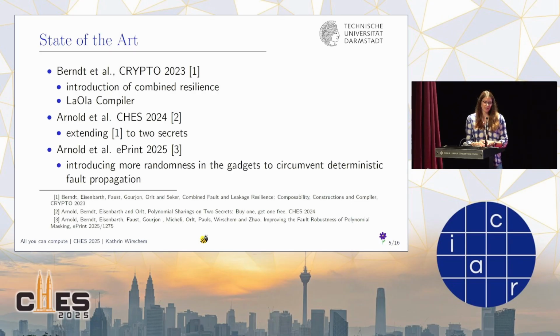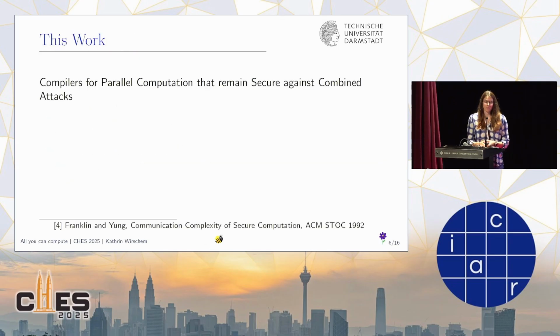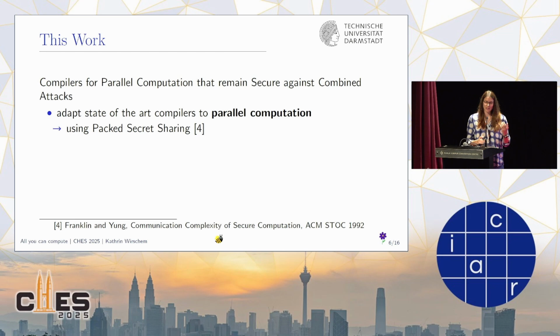And very recently, a paper was uploaded on ePrint, where Arnold et al. introduced more randomness into the gadgets to circumvent deterministic fault propagation. So they re-randomized everything. In this work now, we consider the state-of-the-art compilers, but adapt them to parallel computation using packed secret sharing.